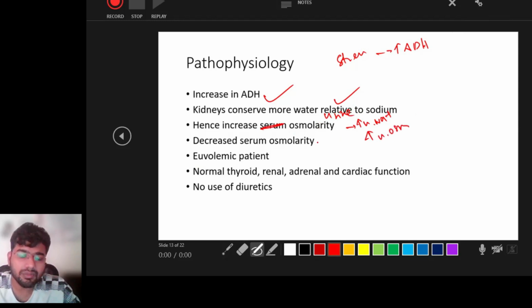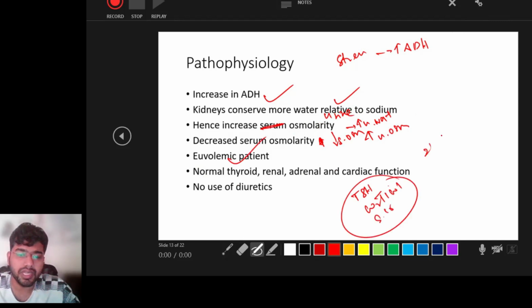Since water is conserved more, there will be decreased serum osmolarity, and patients will be euvolemic, and there should be normal thyroid, adrenal, and renal functions along with a normal 2D echo, and there should be no use of diuretics. This is the criteria for SIADH.